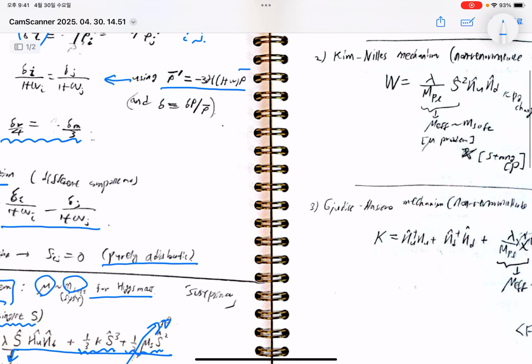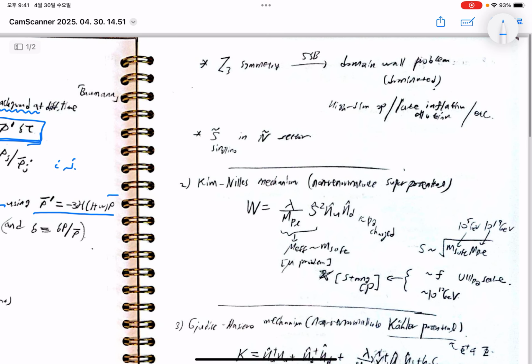But there is still a problem with the NMSSM solution because there is an automatic Z3 discrete symmetry, and this symmetry is spontaneously broken when S gets a VEV, and this makes domain walls, which can dominate the universe, and the domain wall problem arises. To resolve this problem, higher dimensional operators that explicitly break the discrete symmetry can be introduced, or inflation to dilute the domain walls, and several other solutions are possible.